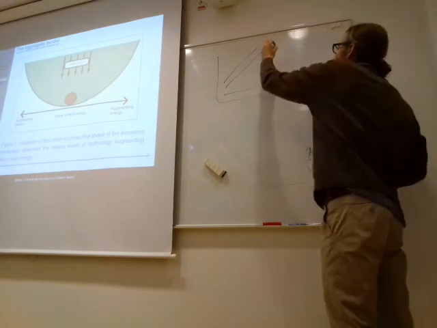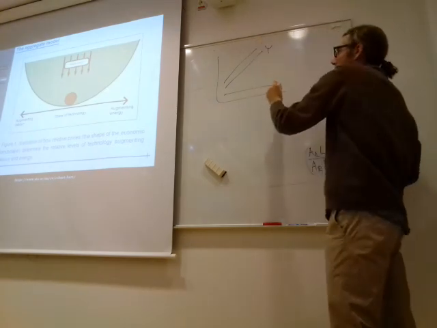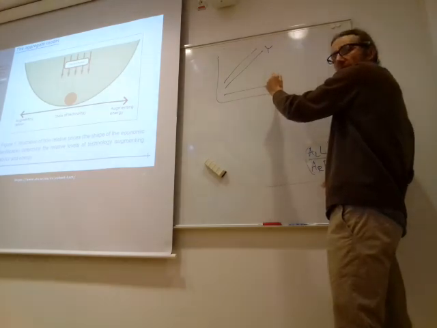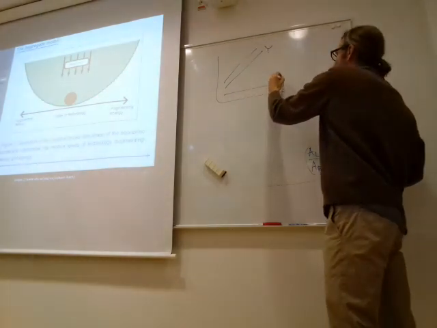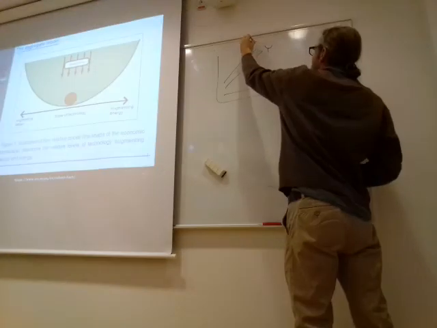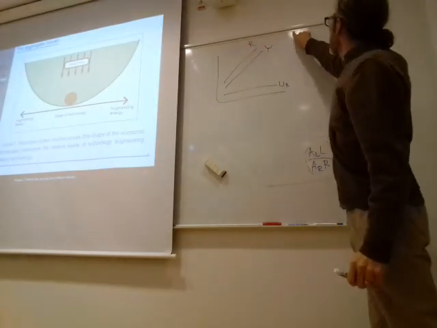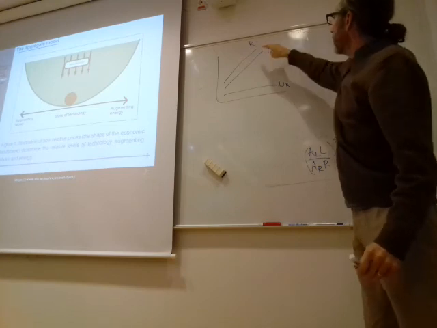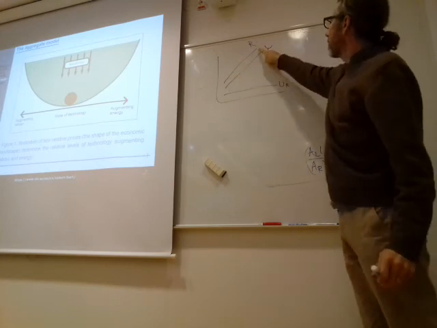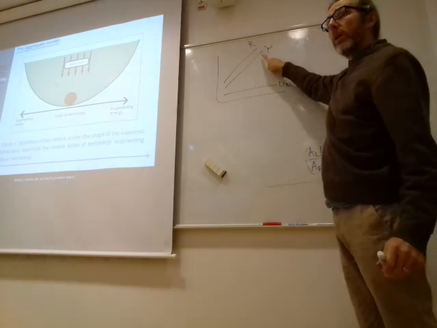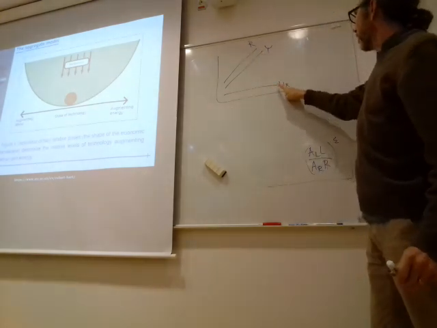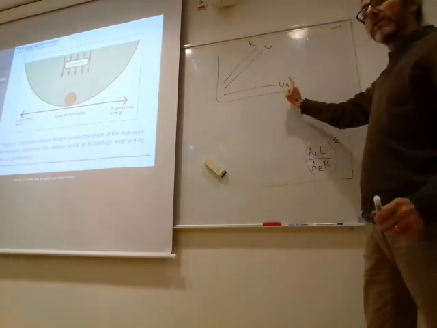So just give me some labels, this is WR, yeah, and that's R. So we're trying to explain why R tracks Y when WR is constant. So why is WR constant?